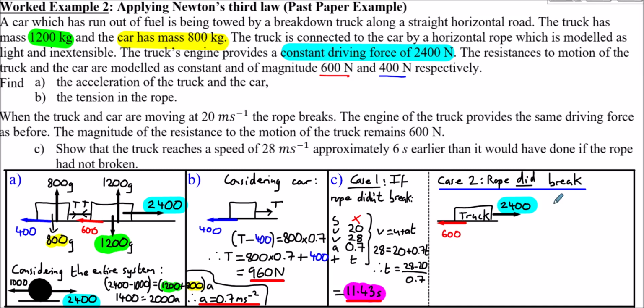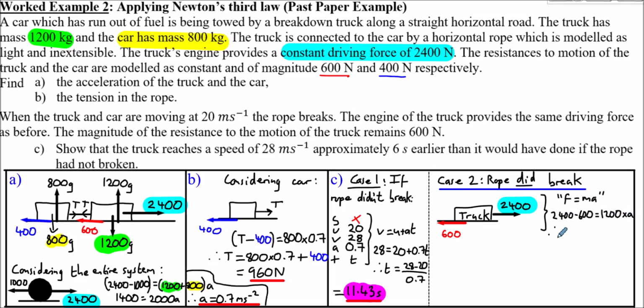So now we can apply F equals ma to this new system without the rope. The overall force going forward would be 2,400 minus 600. So 2,400 minus 600 equals the mass of the truck, which is still 1,200, multiplied by the acceleration, which now will be changed.